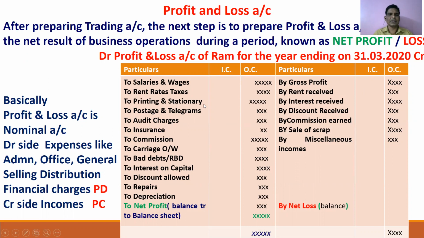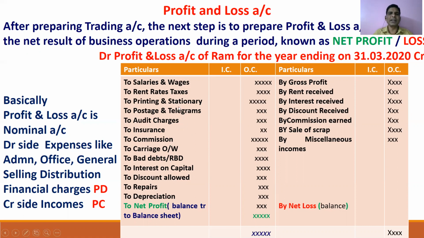Simply the expenses except trading account debit items will be taken here in the profit and loss account debit side. First, see what expenses are given. In those expenses, you segregate what are trading account debit items, and the remaining expenses are taken here. Simply expenses like office expenses, administration expenses, financial charges, and selling and distribution expenses are taken here.